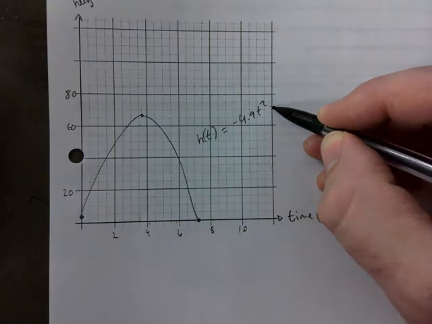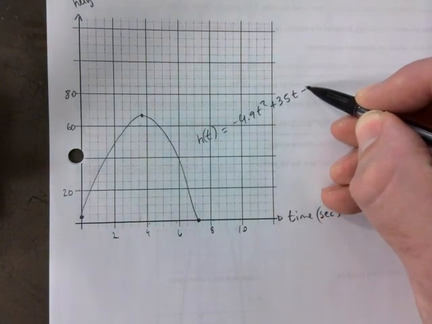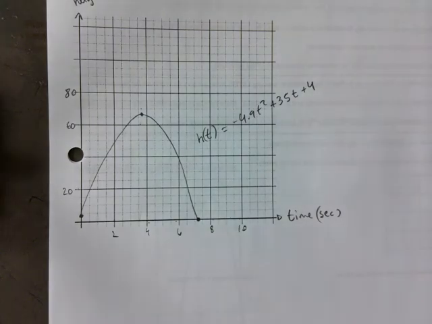Somewhere in here, I have it here. Plus 35t plus 4. So labels, that means axes and the equation. Scale, graph, the points are where they're supposed to be. The shape looks like it's supposed to be a parabola.